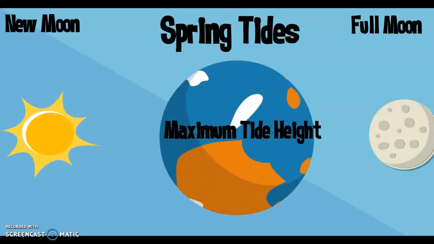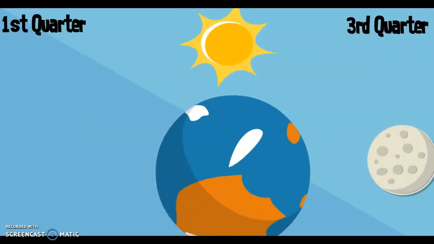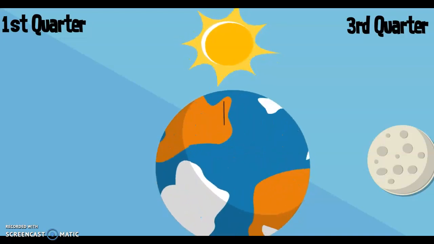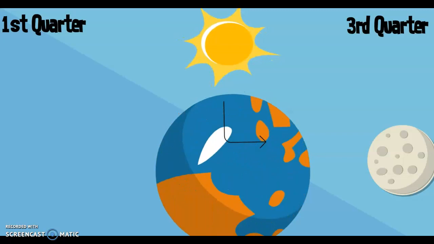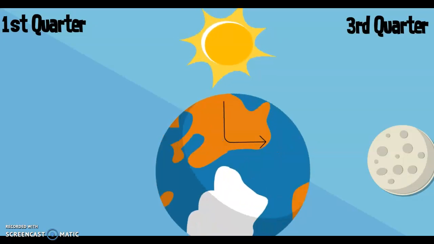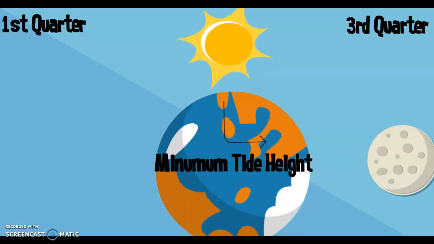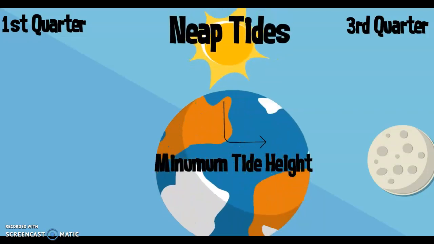This is called spring tide. When the moon is at first quarter or third quarter, the sun and moon are separated by 90 degrees, and the solar tidal force cancels the moon's tidal force. At these points in the lunar cycle, the tide's range is at its minimum. This is called neap tides.